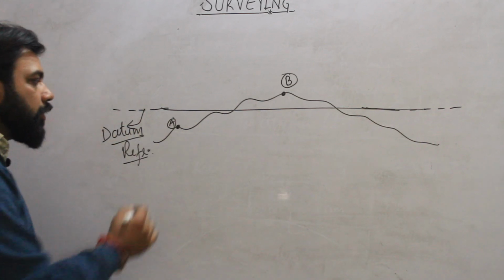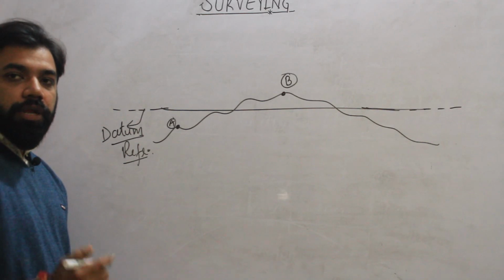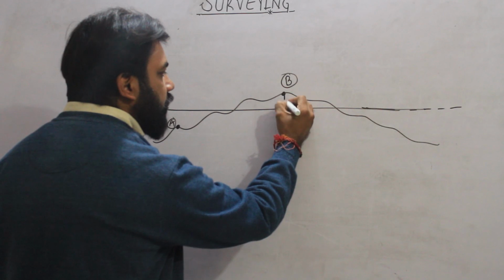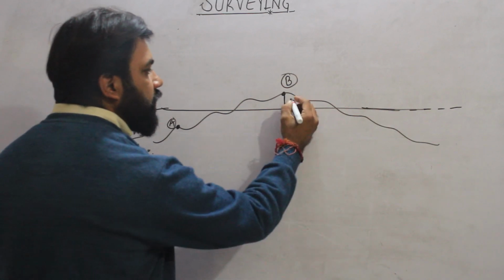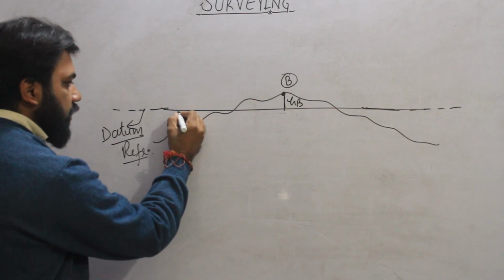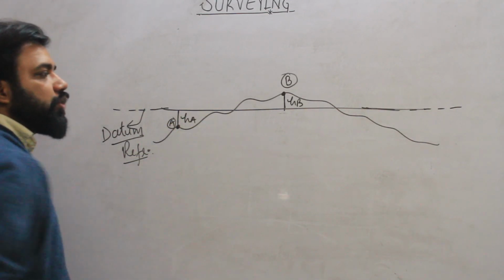So what will happen if we want to measure the height of A and height of B? Suppose from this reference the height of B is HB, and from this the height of A is HA.